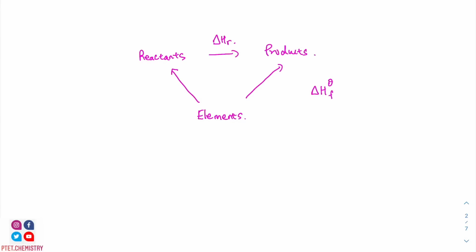We can have the formation of the product, but we could have multiple products, so we are going to sum up the formation of the product, for which formation is defined for forming 1 mole of the product. So I have to multiply by however many moles of each product I have, and I have to sum up their individual enthalpy of formation.